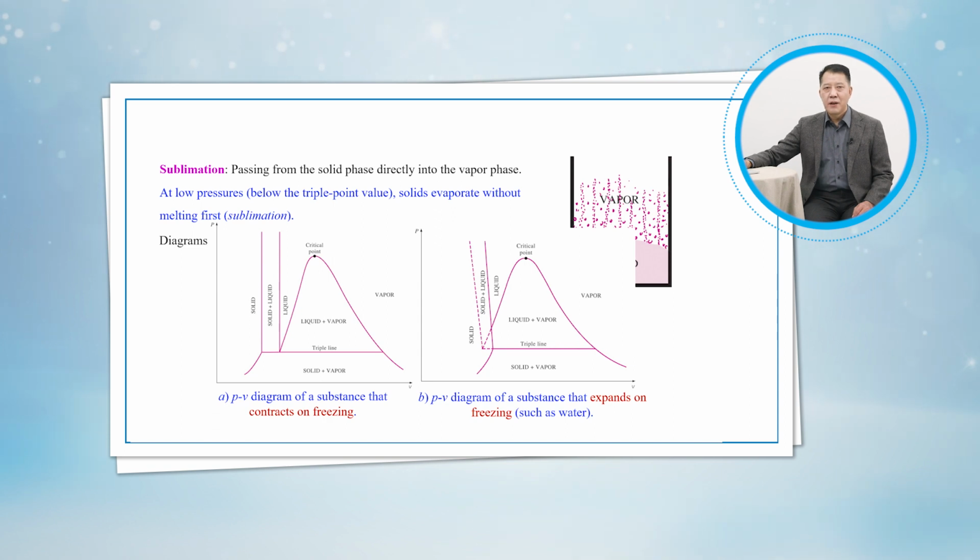On PV or TV diagrams, these triple-phase states form a line called the triple line. The states on the triple line of a substance have the same pressure and temperature, but different specific volumes. The triple line appears as a point on the PT diagrams and therefore is often called the triple point.